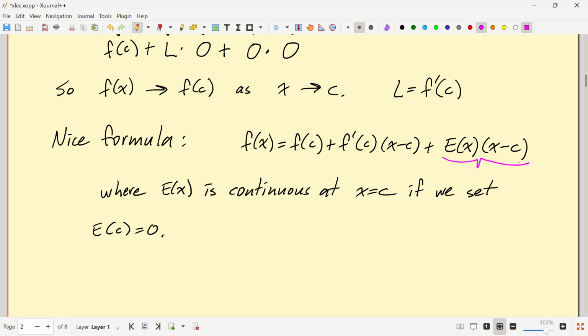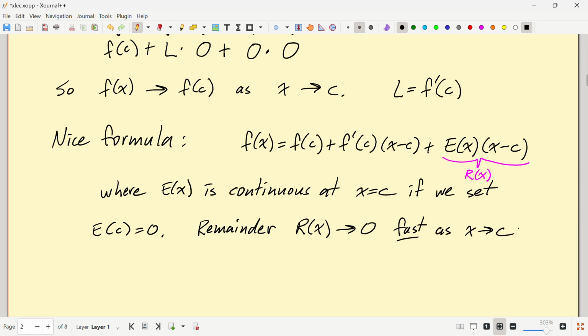And that thing is like the remainder in Taylor's formula. And that just says that the remainder goes to 0 really fast. So you think of this as r of x, the remainder. r of x goes to 0 fast as x tends to c, because it's the product of two things that go to 0.